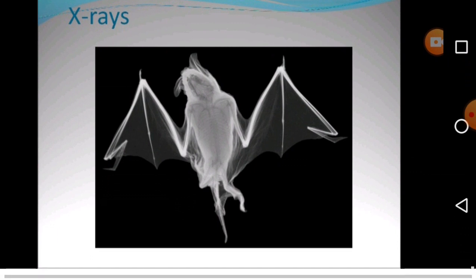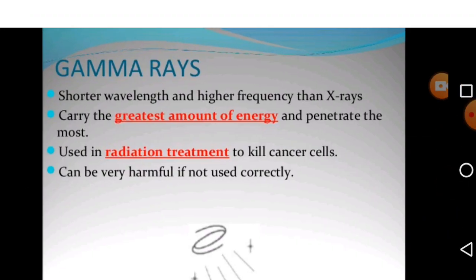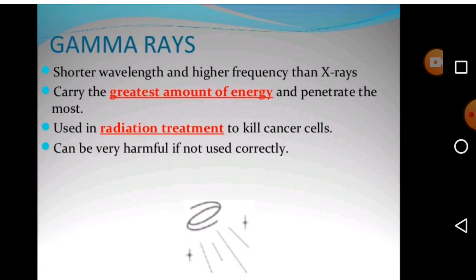This is a bat's X-ray. Next is gamma rays, with shorter wavelength and higher frequency than X-rays, carrying the greatest amount of energy and penetrating the most. Used in radiation treatment to kill cancer cells, they can be very harmful if not used correctly.